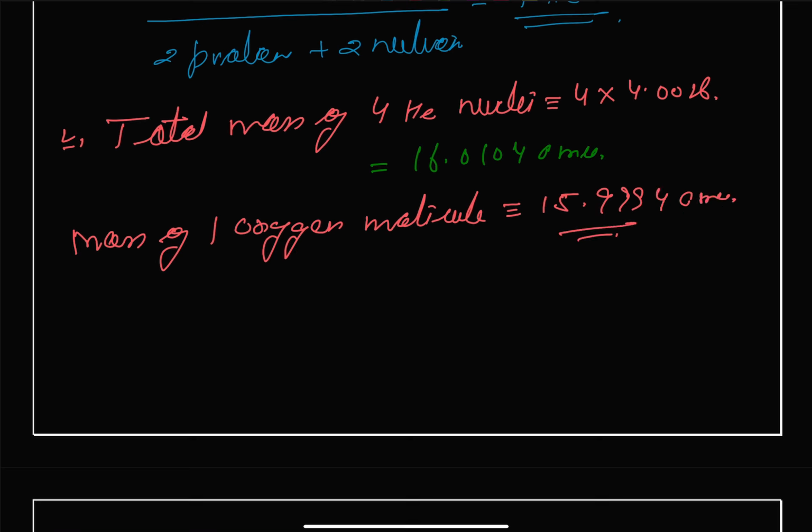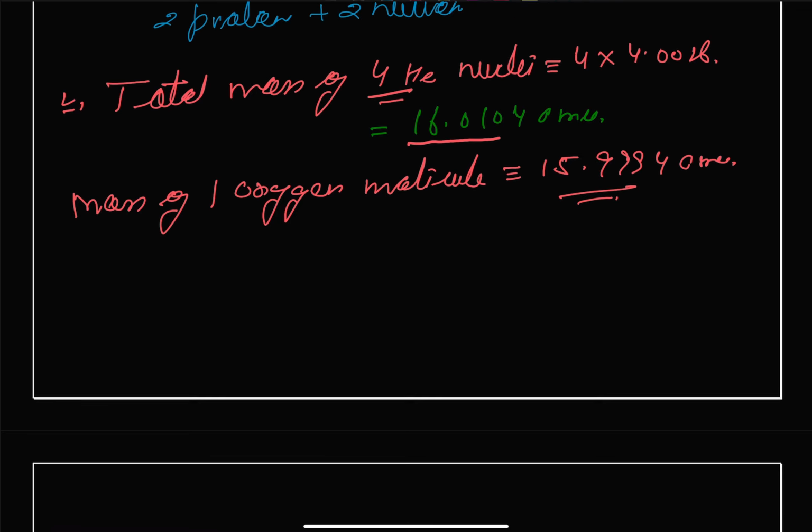And from here we can use the mass defect, because the total mass which the 4 helium is going to provide is 16 point something, whereas the actual mass of one molecule of oxygen is 15 point something. So obviously some mass is lost in the form of energy, which we can call the mass defect.